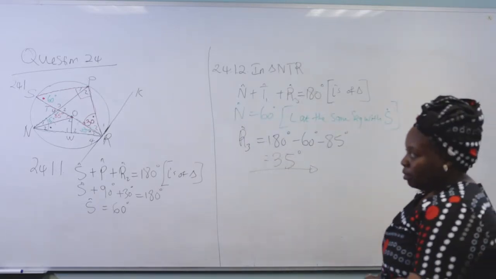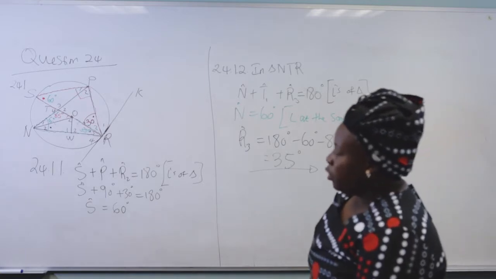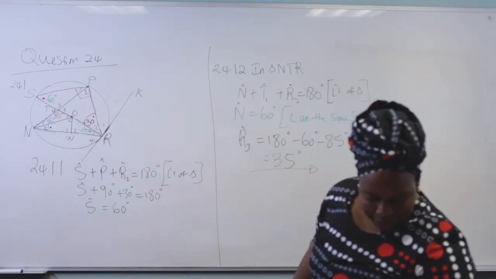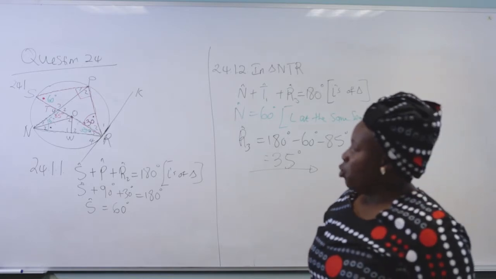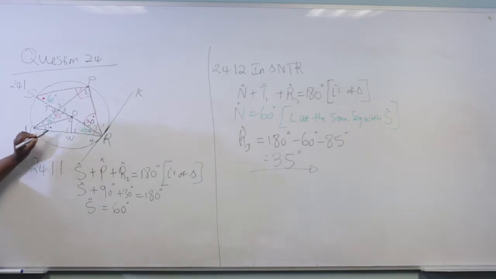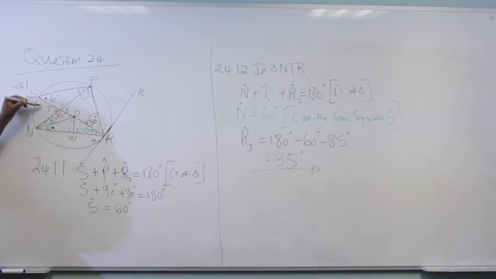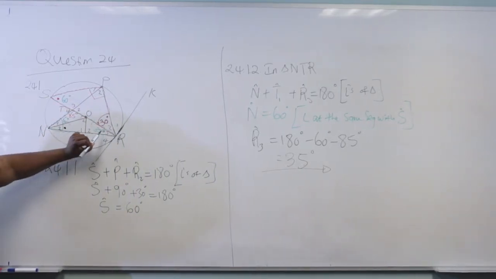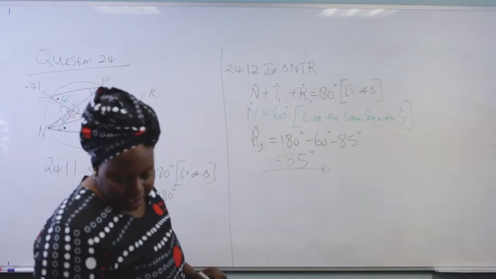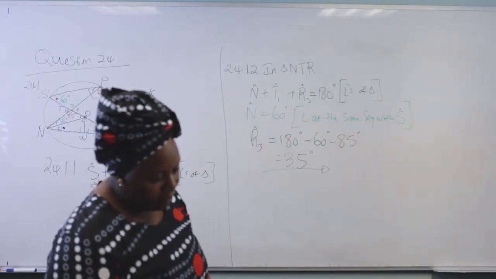Okay, now if we go on to the next question, we have just found R3 and now we want N1. Remember that R3 is the same as N2. And we said that N1 plus N2 equals 60. So if R3 is the same as N2, it means that N2 will be 35 degrees.